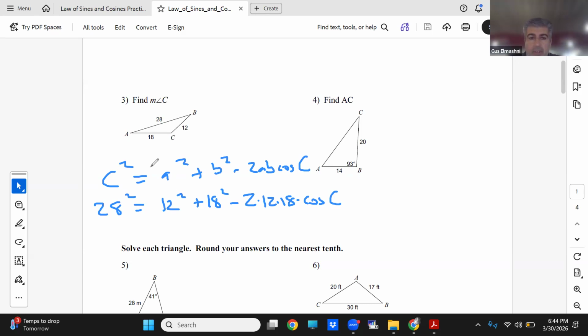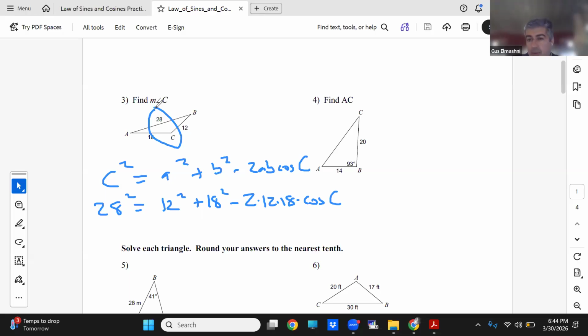Once you get what angle C is, if you want to solve for angle A or B, then use law of sines afterwards. Because then once you have angle C, you have a known angle-side pair. But in order to do law of sines, you have to know at least one pair of angle and side, like this angle and this side are opposite each other. Otherwise we can't do law of sines.